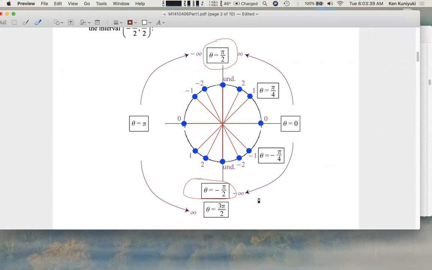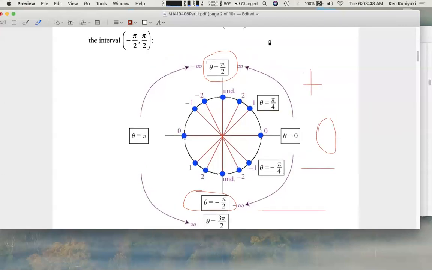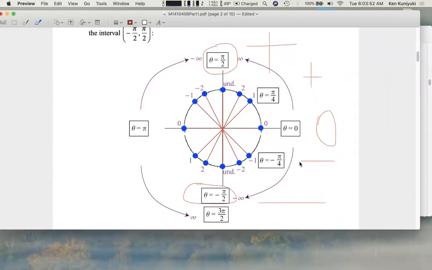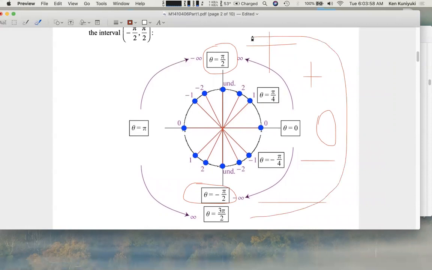The slope goes from very negative to slightly negative to 0, tangent of 0 is 0, to slightly positive to very positive, very steep slopes, like a million, a billion. So we have this pattern of slopes or tangent values from very negative to very positive, covering this interval from negative pi over 2 to pi over 2.